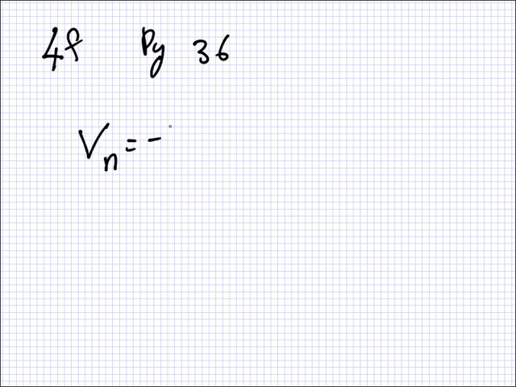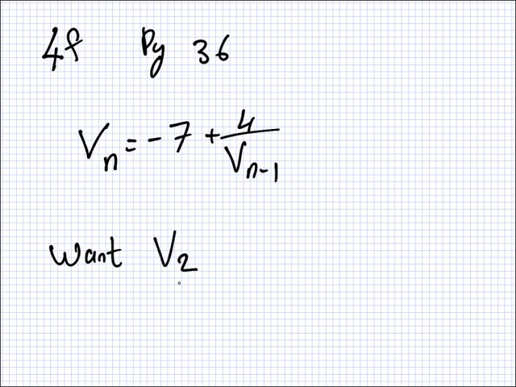So, for F on page, isn't it 4F, Nikita? Yeah, 4F. Vn equals minus 7 plus 4 over Vn minus 1. Okay? So, according to this formula, if I want V2, what's n equal to? 2.